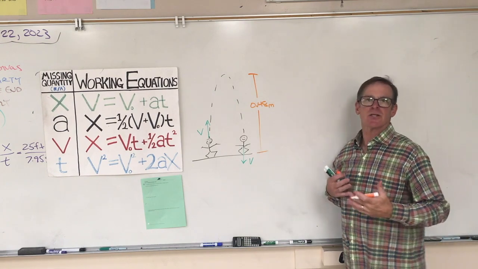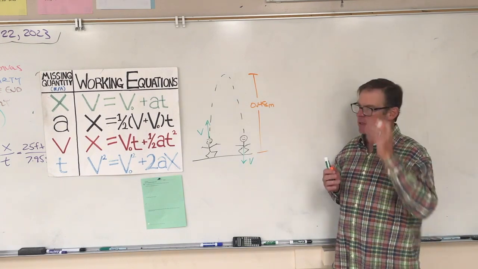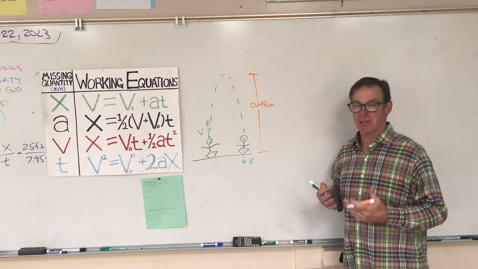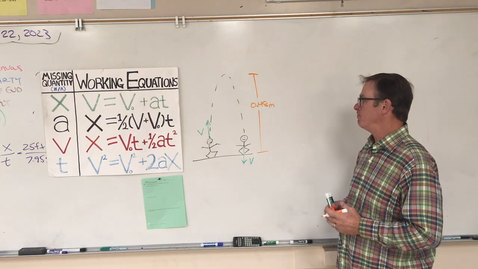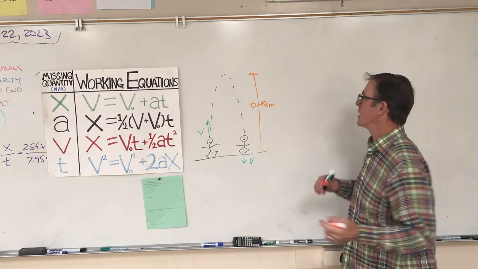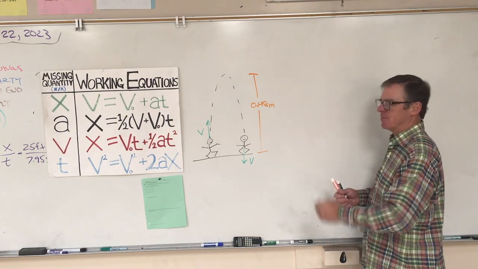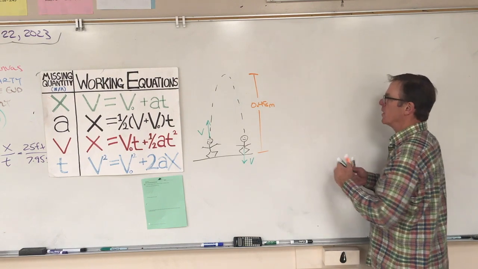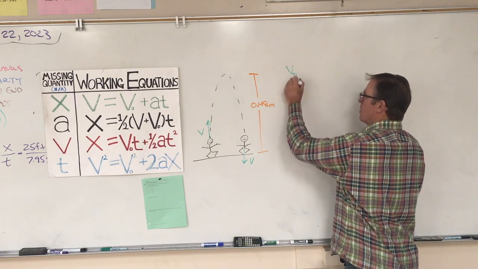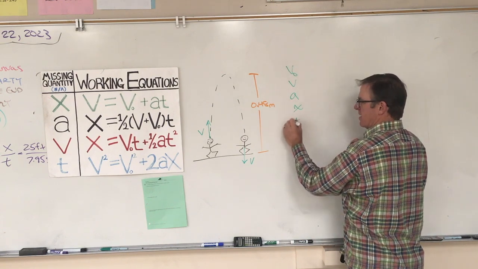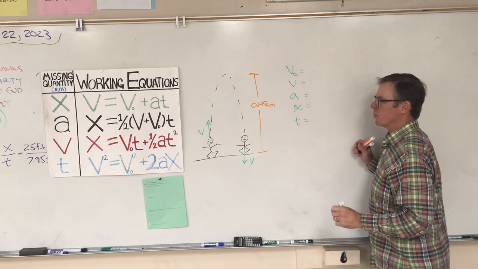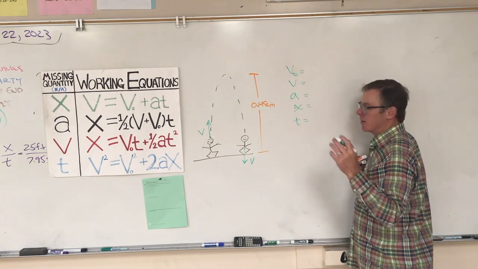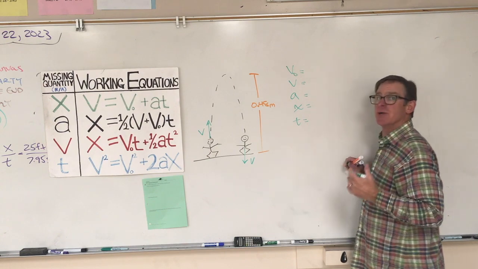Okay, so I sketched a little sketch. We're at a point in the class where I think drawing a picture can often help you see things. We're at the same position we were a minute ago with the ball being thrown up and down. If we make a list of what we know and don't know and want to find out, we have too many things we don't know.